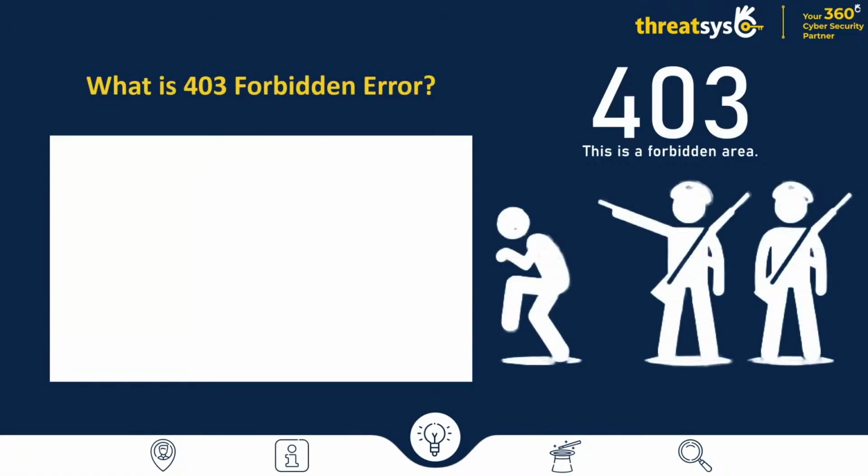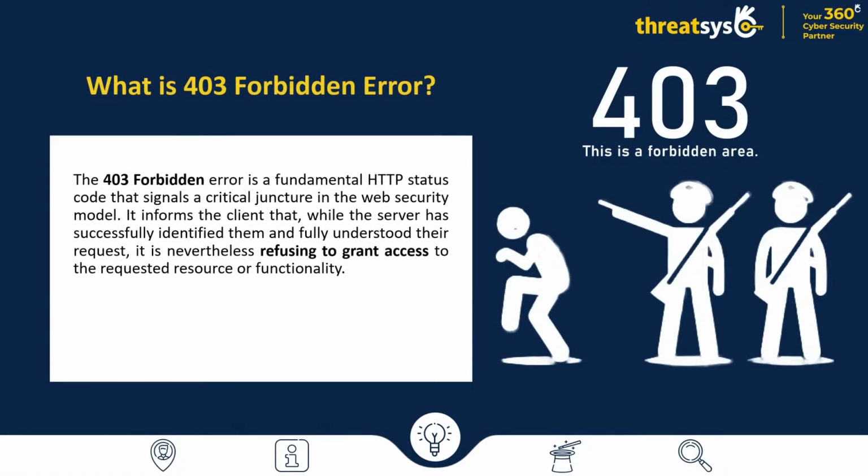So what is a 403 Forbidden error? A 403 Forbidden error is a fundamental HTTP status code where the server identifies the client and understood their request, but refuses to grant access to the requested resource or functionality.